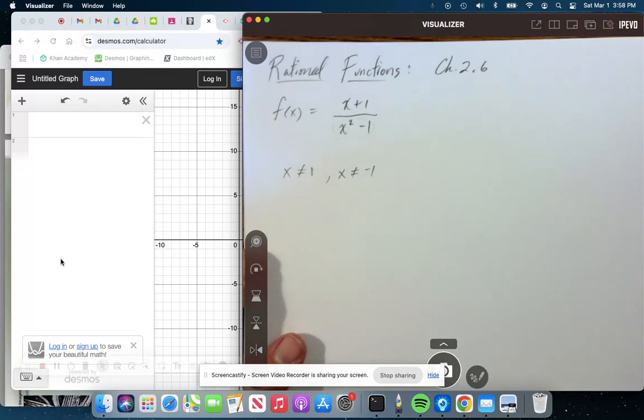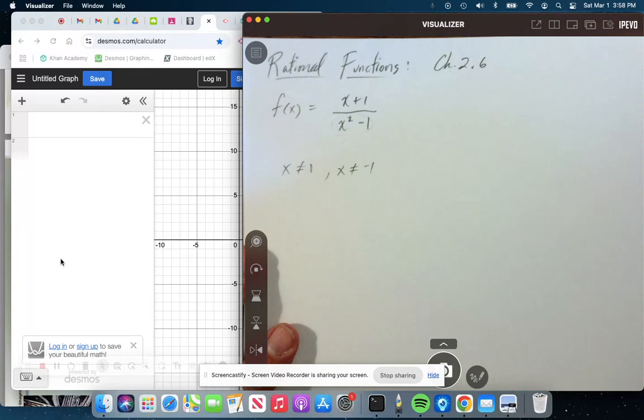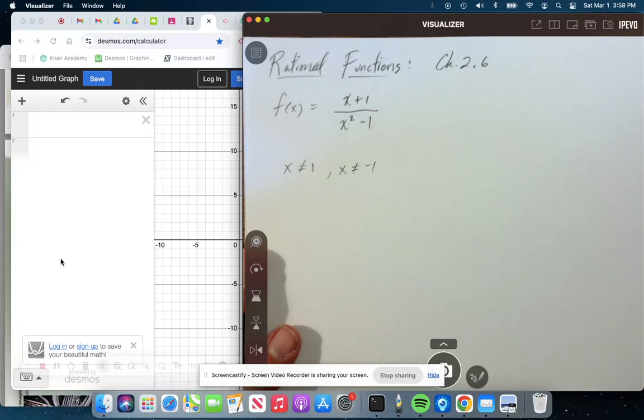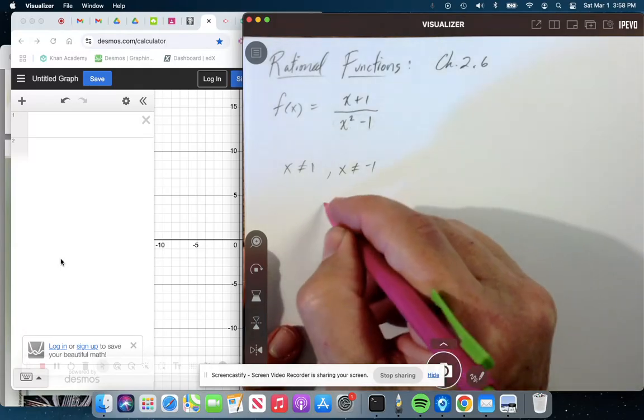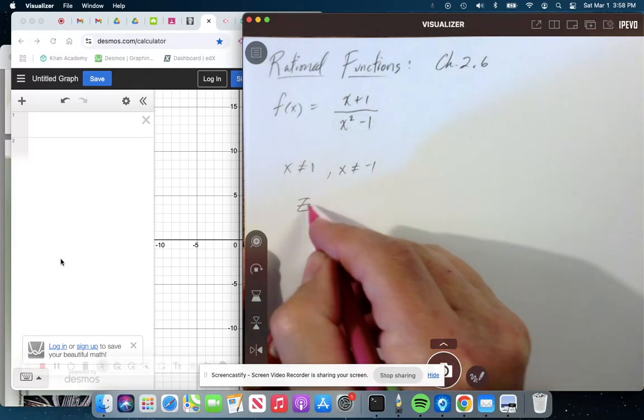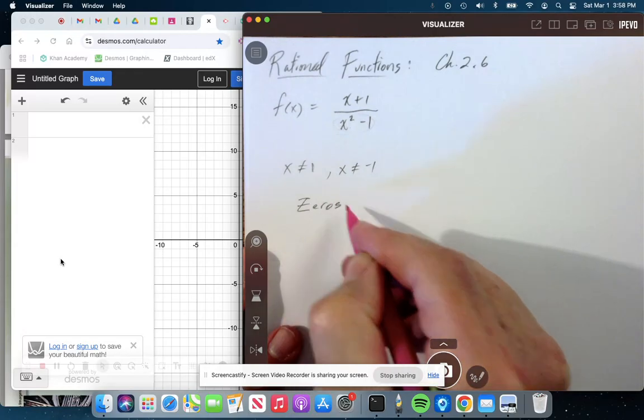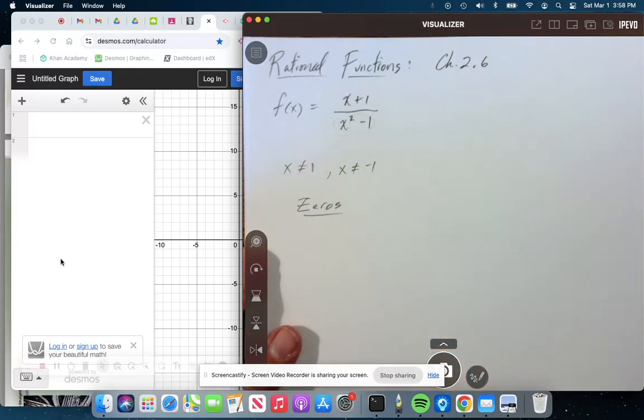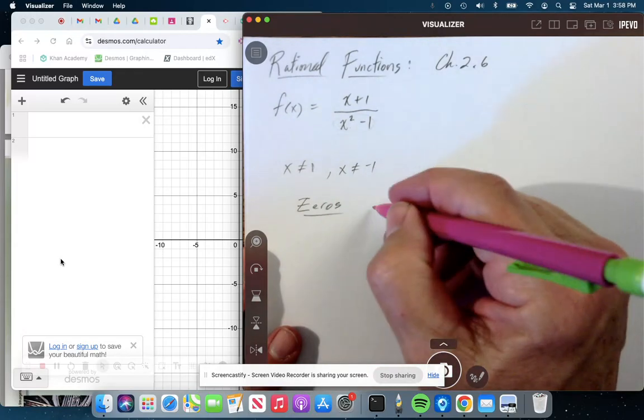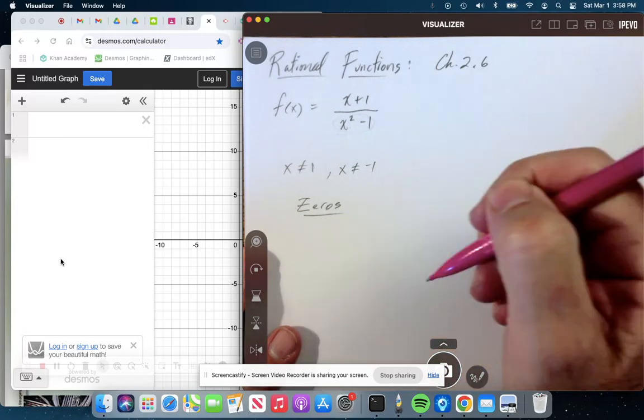All right, so when we go to graph these functions, there's basically 4 major things we want to figure out. We want to figure out the zeros, which are the x-intercepts, right? There might be asymptotes.